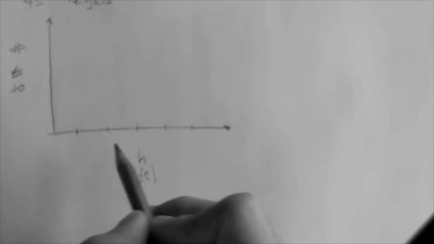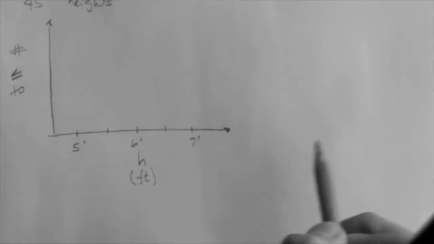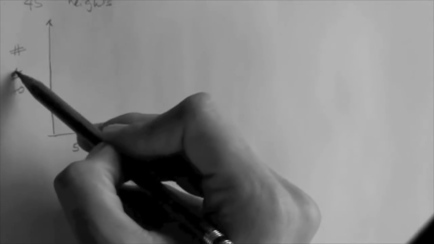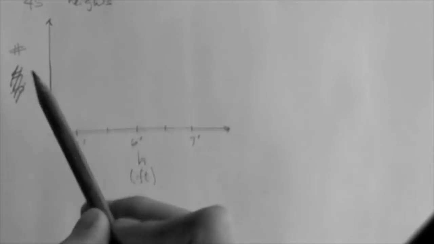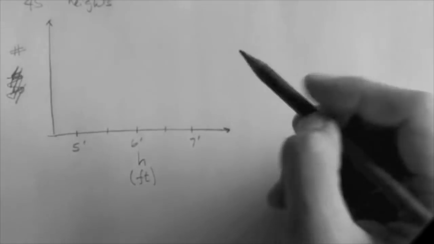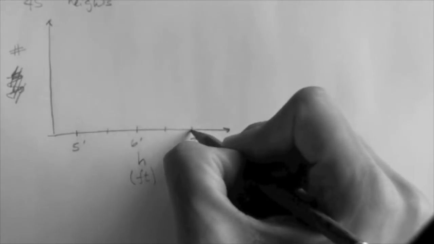So 5, 6, 7. Actually, sorry, that's going to be the next plot. Forget about that. We're going to say the number of people. So how many people in the class are 7 feet tall? 0, probably.